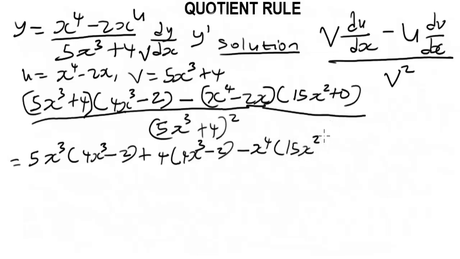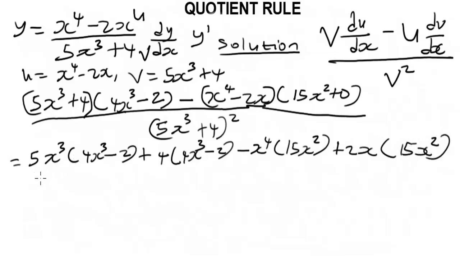The 0 is nothing, so leave it. Then minus times minus gives plus 2x multiplied by 15x squared.